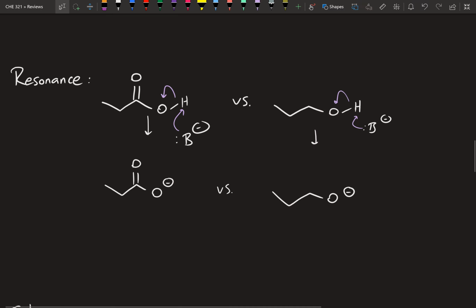If we look, we have this negative charge here with three lone pairs, and we can resonate this to the carbonyl. We can take one of these lone pairs, bring it down, and then resonate that double bond up. Let's draw the resonance structure.